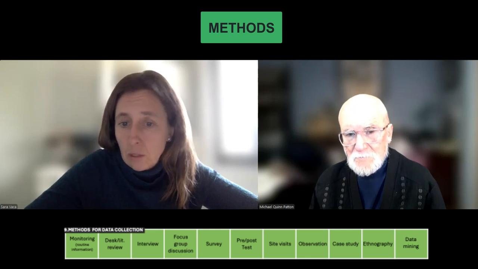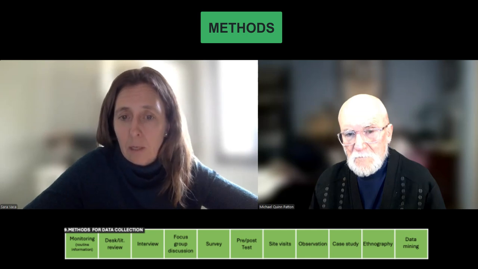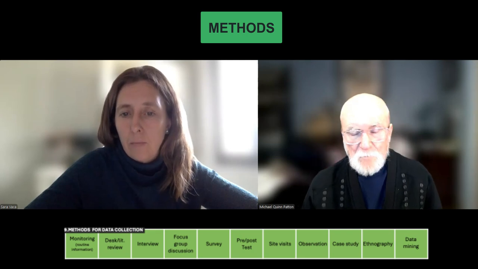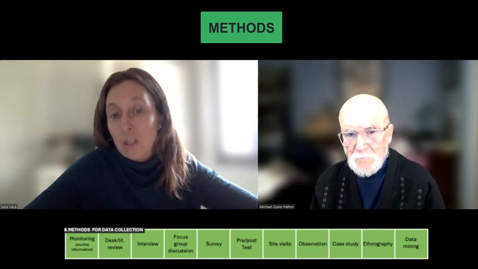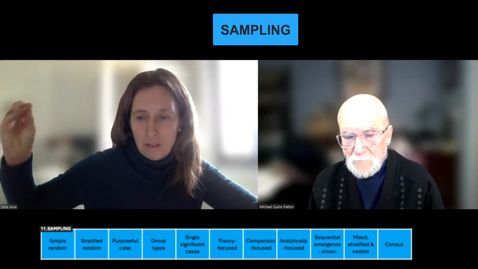This is linked now. Number 11 is sampling, although we can move to 10, but sampling is clearly linked with methods, right? How we sample, which we already mentioned is a simplification, and we're only getting types of sampling, not specific methods.